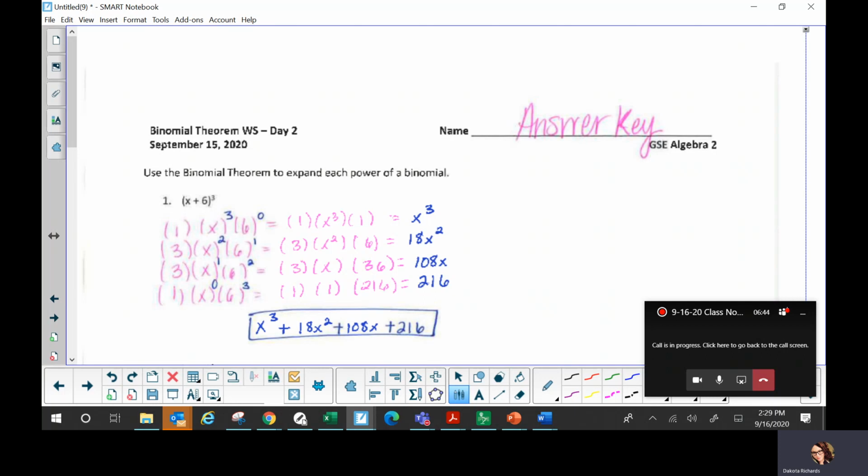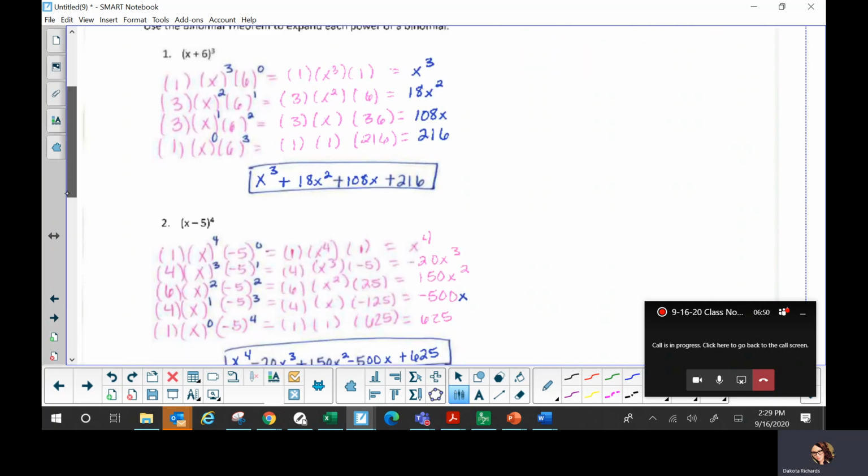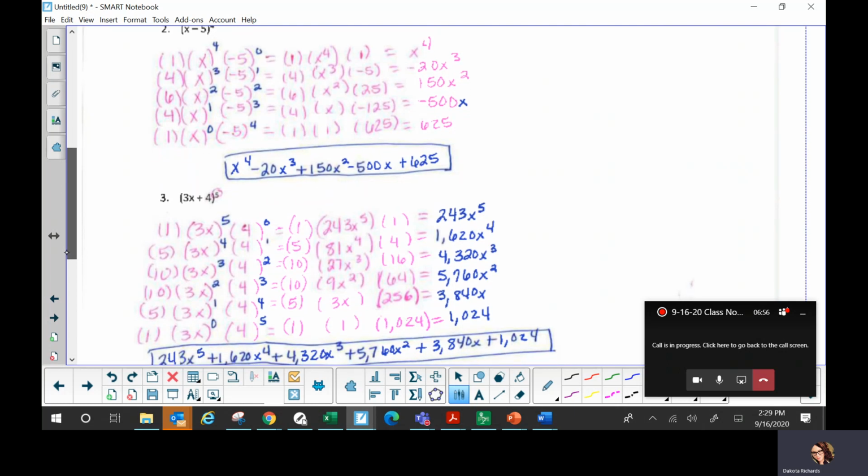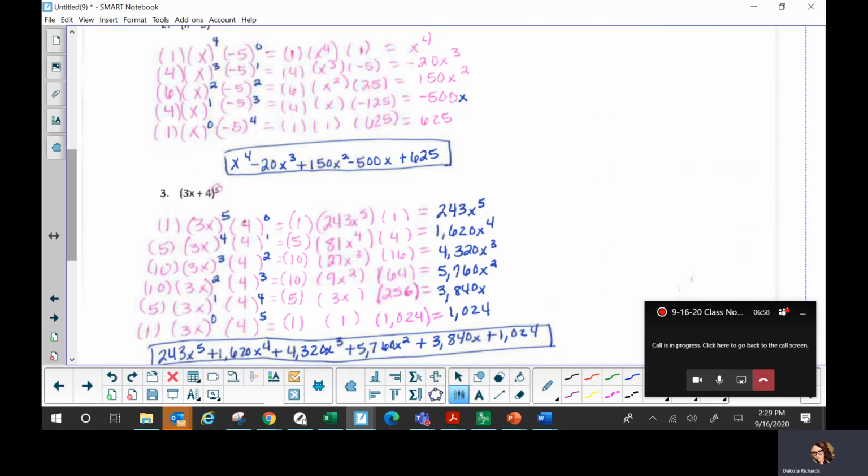Questions on number 1? You had to expand x plus 6 raised to the 3rd power. Number 2. And 3, if we can squeeze it in there. Questions so far?